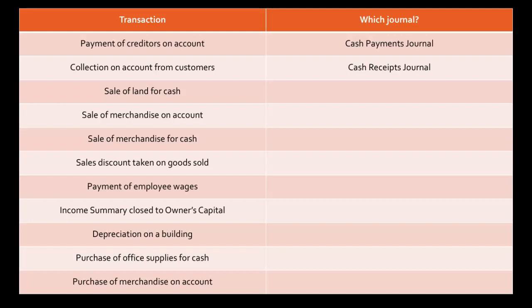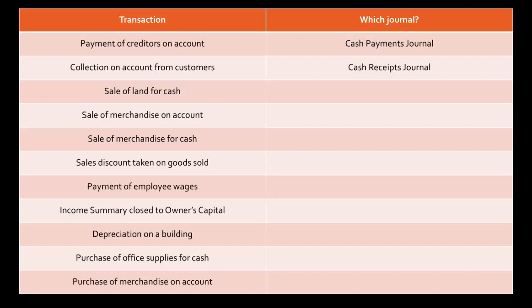Sale of land for cash. So I mentioned it earlier, anytime that cash is involved, you can narrow it down into either the cash payments or the cash receipts journal. So here, even though there's the word sale, it does not go into the sales journal, right? Because cash is involved and you aren't dealing with merchandise.